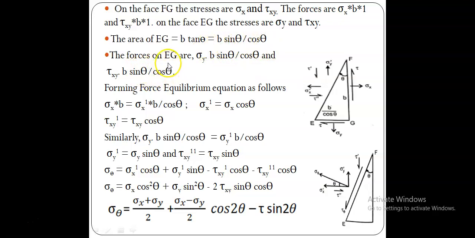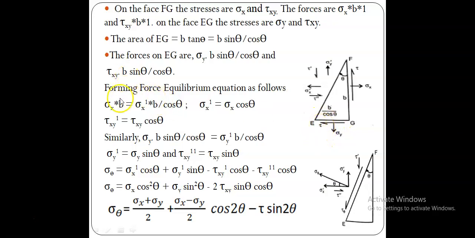Now let us find the force on the face EG, as we have already determined it for FG. The stresses acting on this face are again sigma y and tau xy.